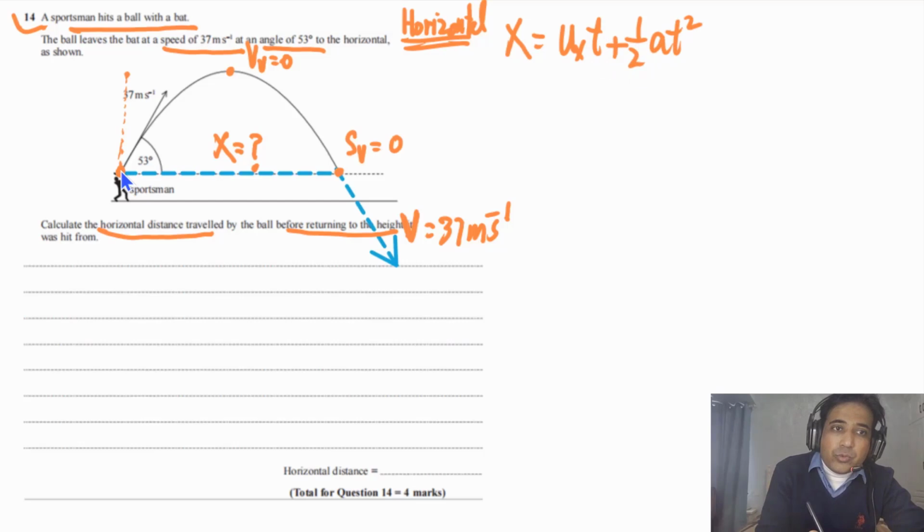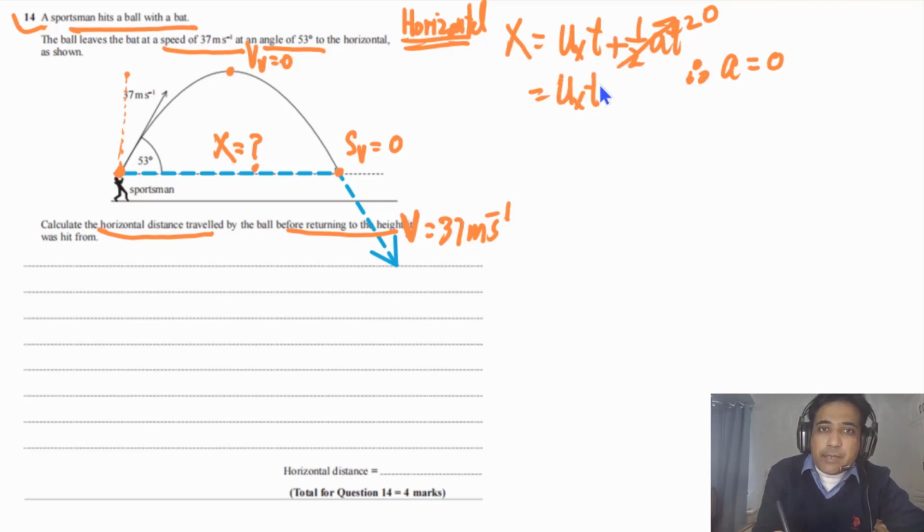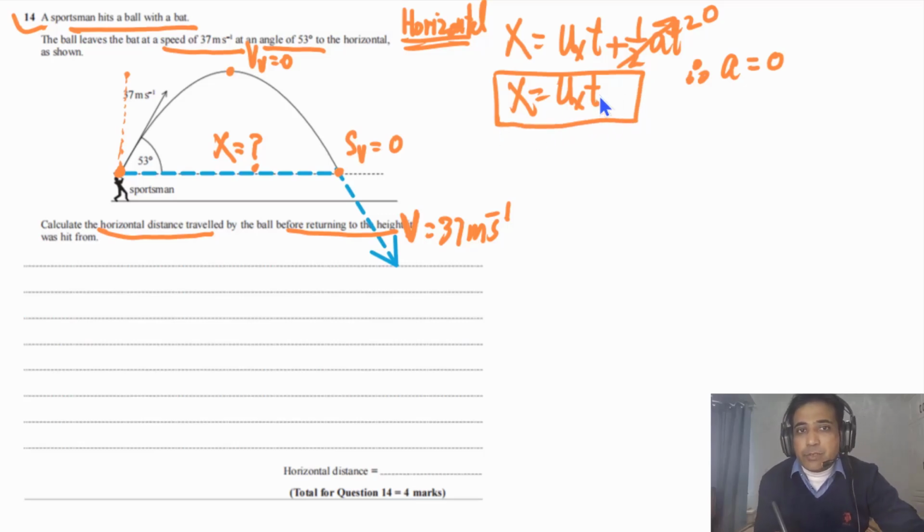We are taking this as origin, and along horizontal, acceleration is equal to 0. So it simply means that this term will be equal to 0, and we are only left with ux times t. So to calculate x, we need the value of ux, and we need the time taken from this point to this point.